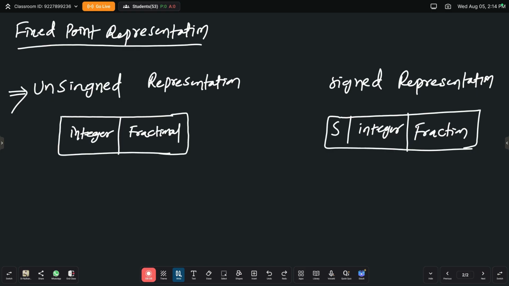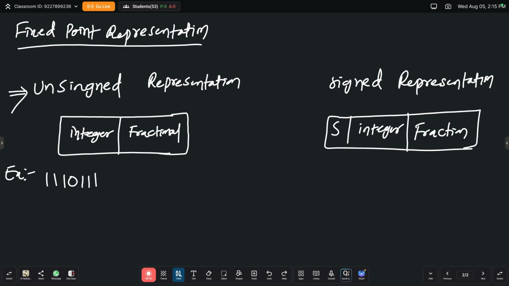For example, 1 1 1 0 1 1. Convert it into a fixed point representation such that 4 bits are used for the integer and 3 bits are used for the fraction.